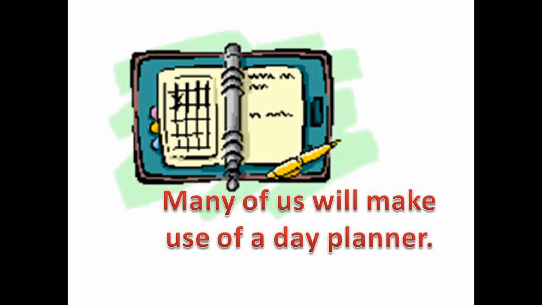In a classroom sense, we will know that we have one class that might come together once a week, while others come together much more often. We have this all planned out in our day planner. So with this, we're able to keep our appointments in order, know where we have to be, when we have to be there, and be on time for everything. And also, with the use of something like this, we will not tend to overbook or expect ourselves to be in two different locations at the same time.